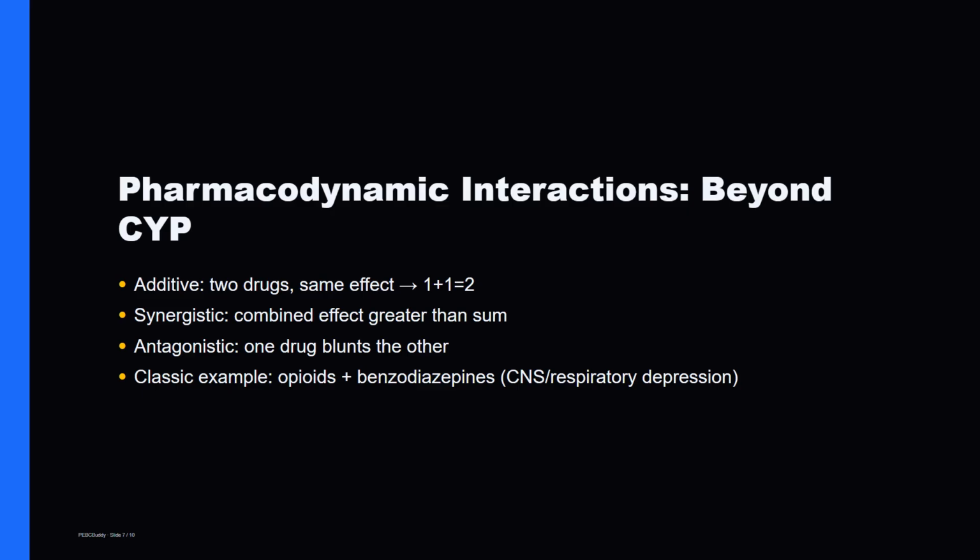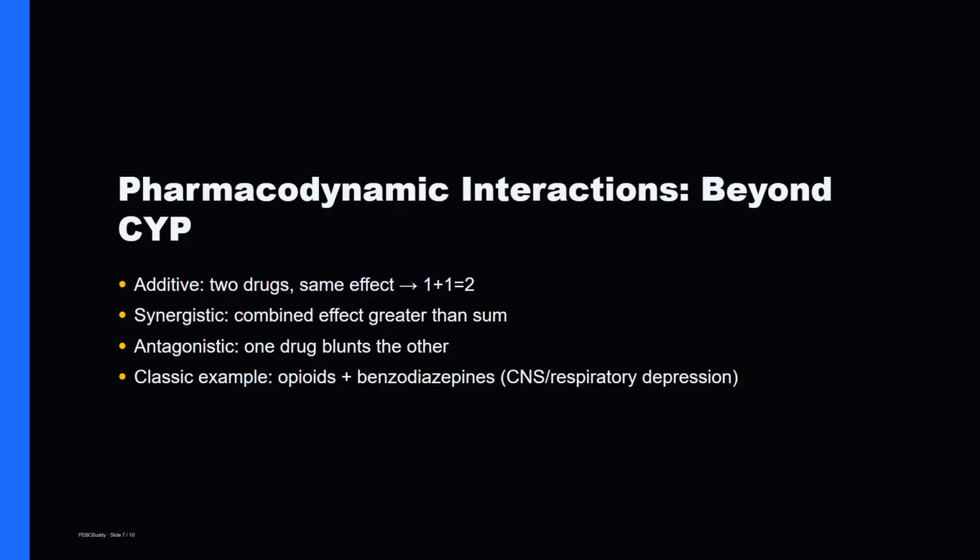We've talked a lot about pharmacokinetic interactions, where one drug changes the levels of another. But pharmacodynamic interactions are just as important and often more intuitive. Additive interactions happen when two drugs do the same thing. Two antihypertensives both lower blood pressure. Synergistic interactions are more than additive. Trimethoprim and sulfamethoxazole together block folate synthesis at two sequential steps, making the combination far more effective than either alone.